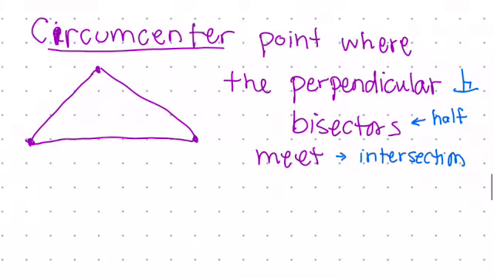So on my triangle, how I would do that is I would take one of the sides. So if I took this side right here, I'm going to eyeball about where half is. And then I'm going to try to draw a line that looks like a corner of my piece of paper could go into there. And then I'm going to mark it with a square. I'm going to do that to each of the sides. So this other side right here, about half looks like it's right there.